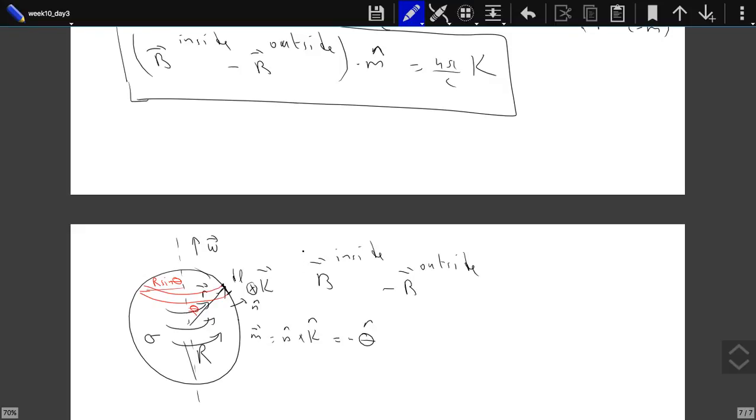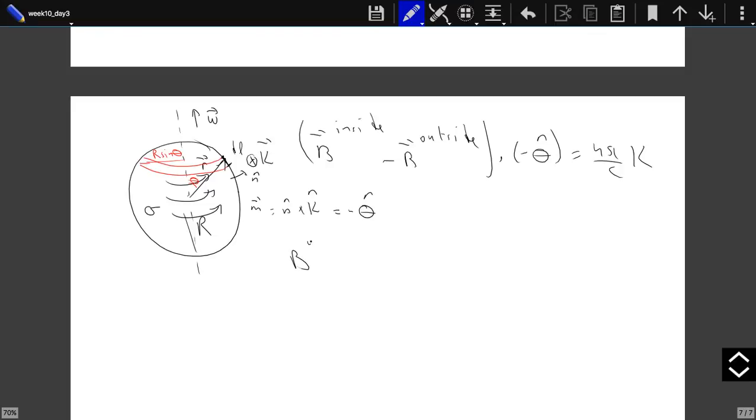So B inside minus B outside, take the scalar product with minus theta hat. This should be equal to 4 pi over C times K at that point. Or, the theta component of B outside minus the theta component of B inside should be equal to 4 pi over C times K.